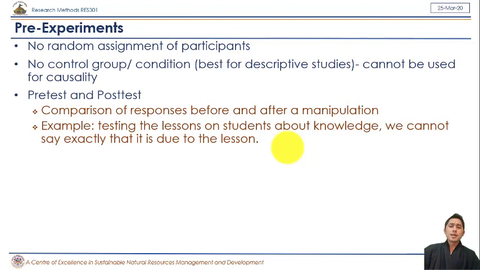Again, one or other features which has to be in the true experiment is not present in pre-experiment. That's why it doesn't qualify to be a true experiment. Firstly, there's no random assignment of participants or of our subjects to be studied.